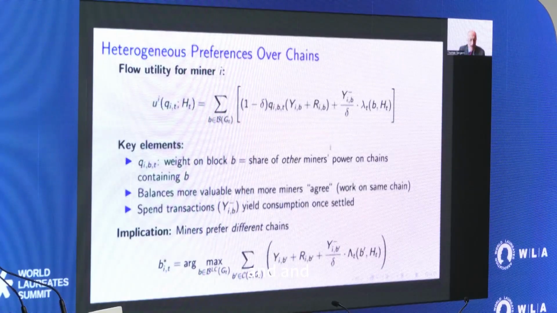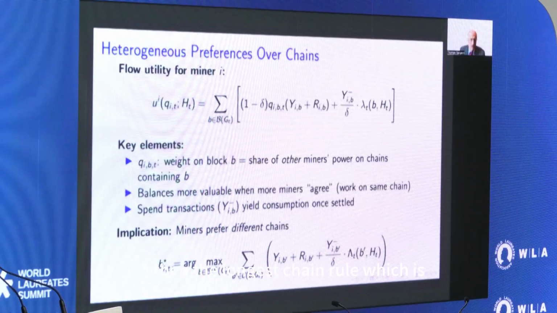The payoff is the expenditures, and those are all parameters of the model. Because there's heterogeneity in their parameters and their utility functions, different miners prefer different chains. So if my name is i, I prefer chain B_i star.